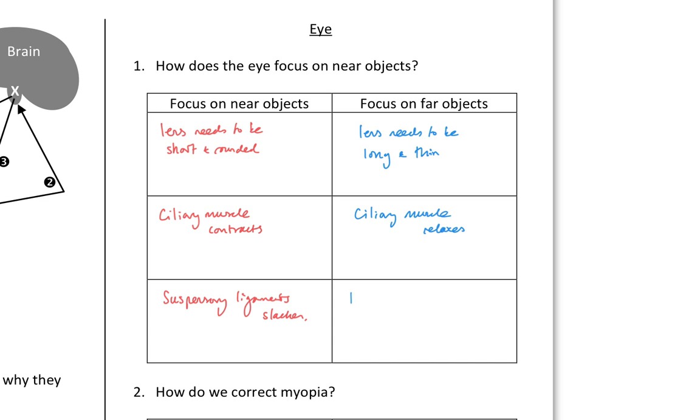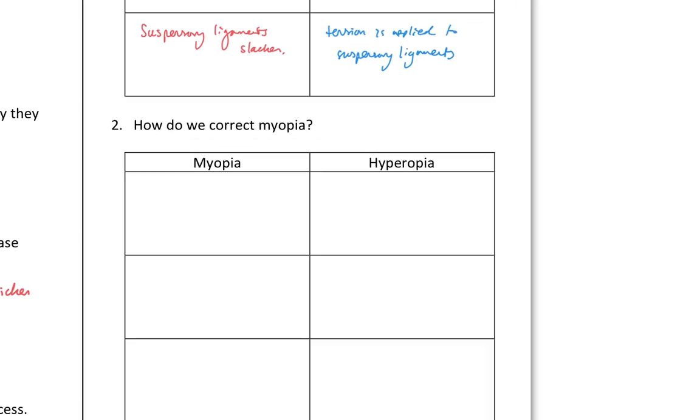Therefore, this is when tension is applied to suspensory ligaments, which pull on the lens and pull it into a long and thin shape, making it refract the light so that the light rays converge on the retina. But yeah, learn one, and you've automatically got the other.